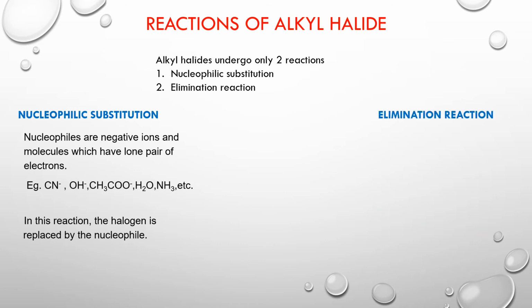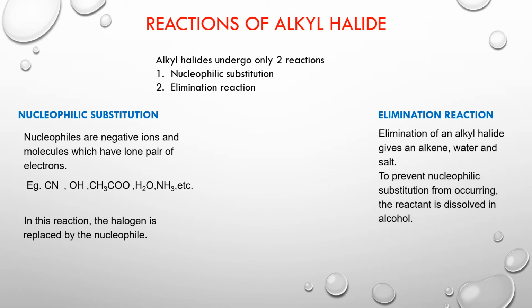The second reaction is known as elimination reaction. The word elimination simply means removal. So in this case, there will be elimination of an alkyl halide giving alkene, water and salt. So what is going to be eliminated? In an elimination reaction, the halide and one hydrogen is going to be removed.